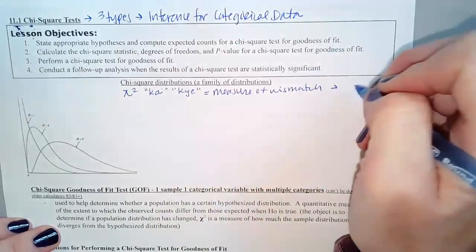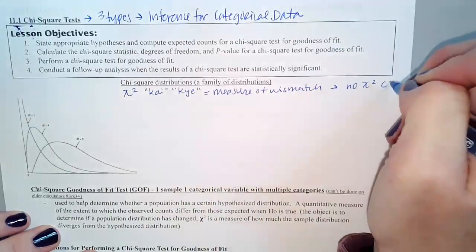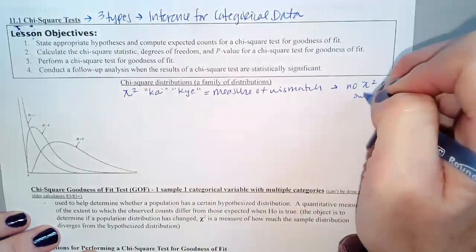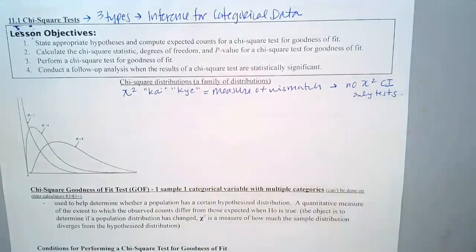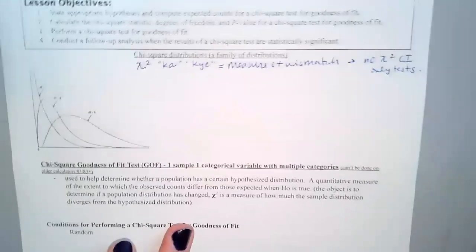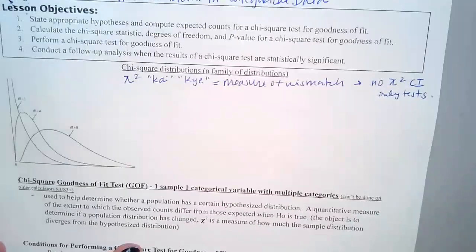And one thing to note is that we have no chi-squared confidence intervals, only tests. So that's good. We don't have to learn different procedures or different conditions because you can only do chi-squared tests.